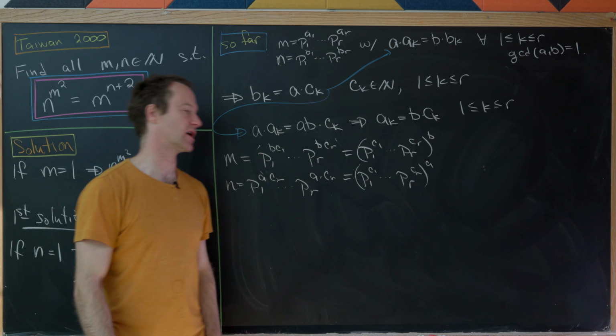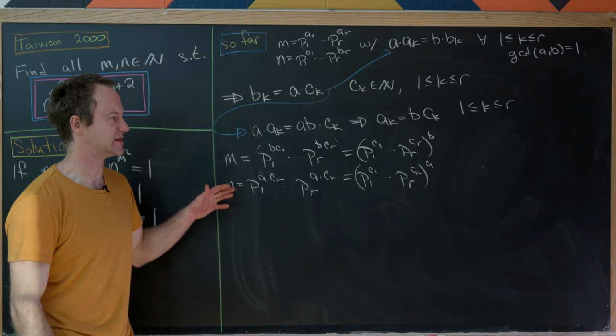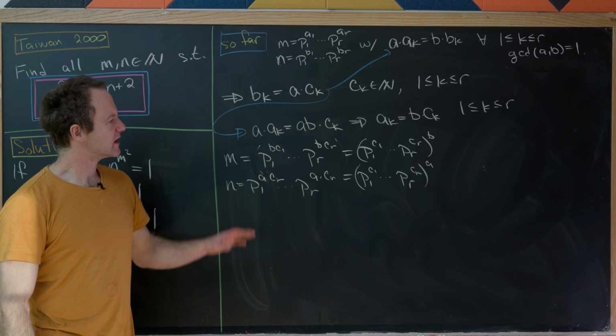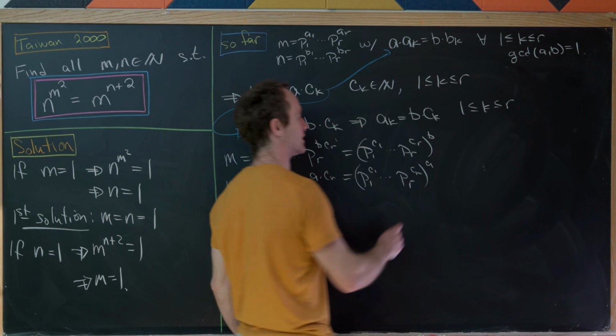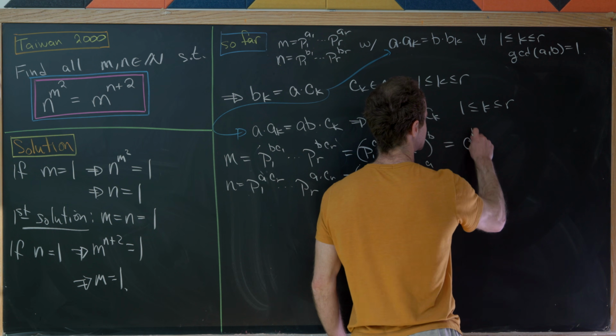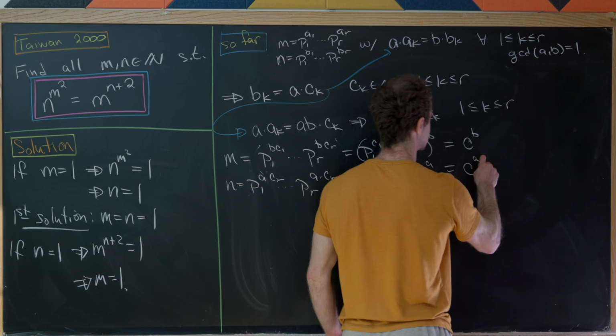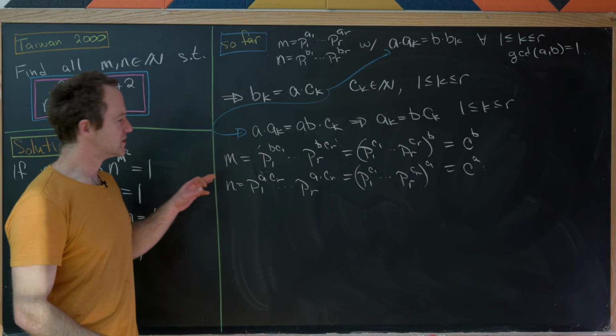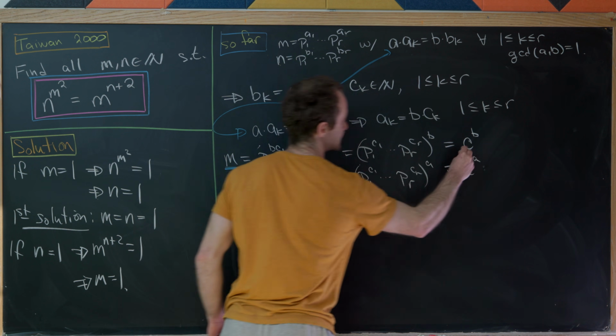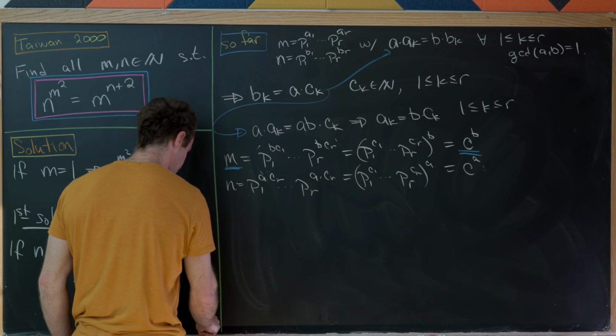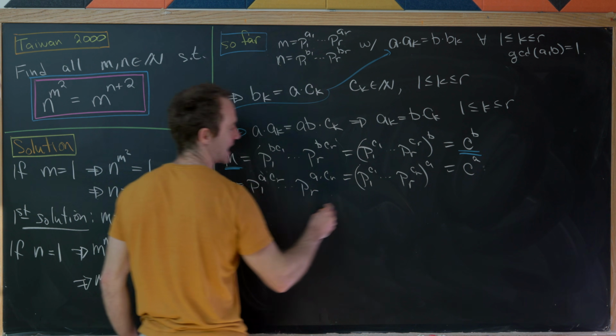This number right here, which is the product p1 to the c1 up to pr to the cr. Let's go ahead and give that number a name. Maybe we'll call it c. So this is equal to c to the b, and this is equal to c to the a.